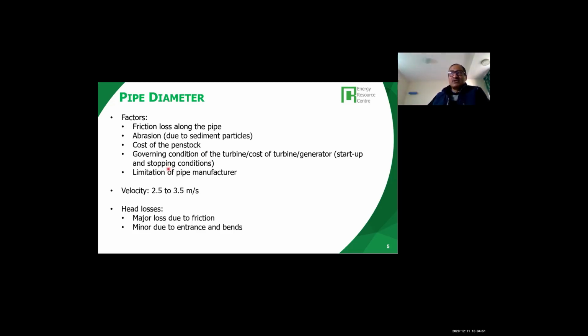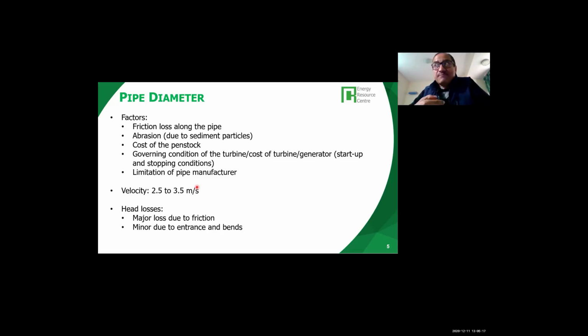And basically, when you design the penstock, you consider a velocity of 2.5 to 3.5 meters per second. If you have high velocity, you will have chances of high abrasion. But if you have low velocity, there will be chances of sediment and other deposits. So this is the optimal velocity you want to maintain.